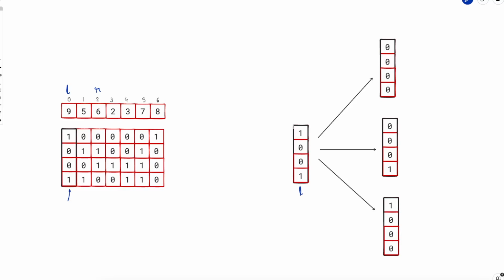So from this L you might either be getting this, or you might be getting this where this bit is unset, or you might be getting this where this bit is unset. Now if you think about it, there might be 2 power b possibilities.